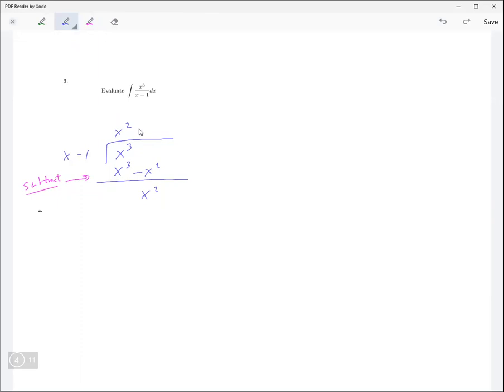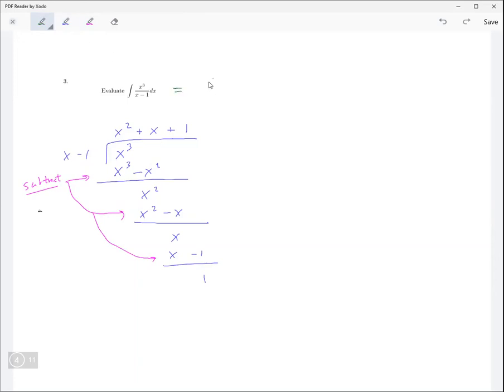So you get x squared, and then x times x is x squared. x times negative 1 is minus x. Subtract again, and you get positive x, and then plus 1. You remember to subtract at each of these steps, and have a remainder of 1.